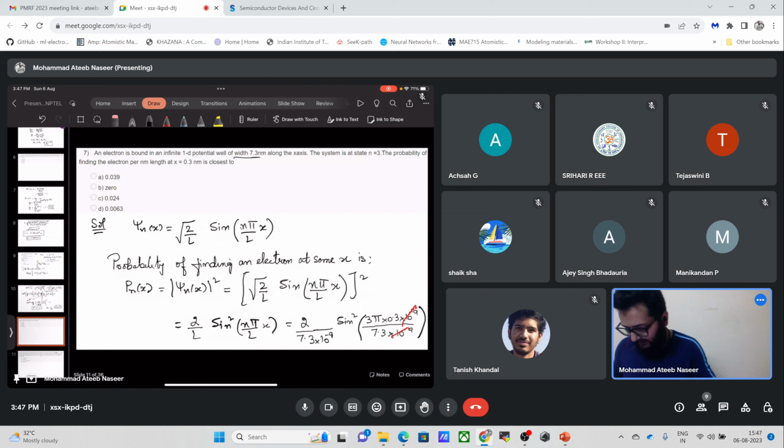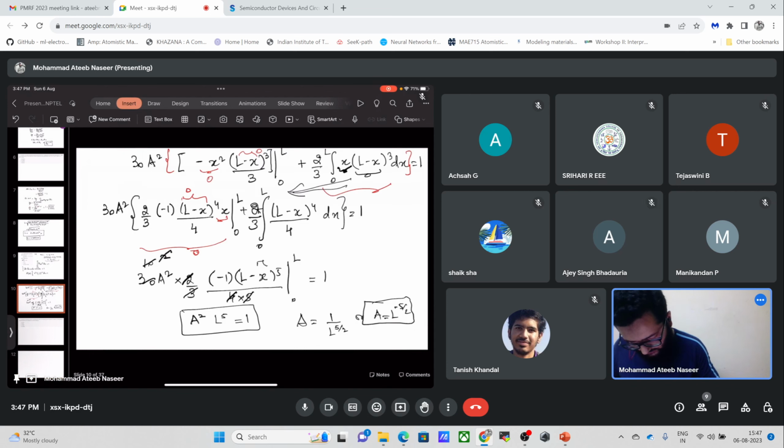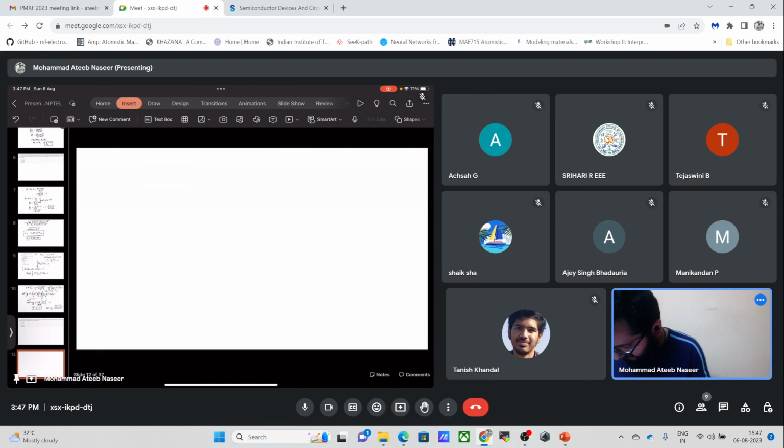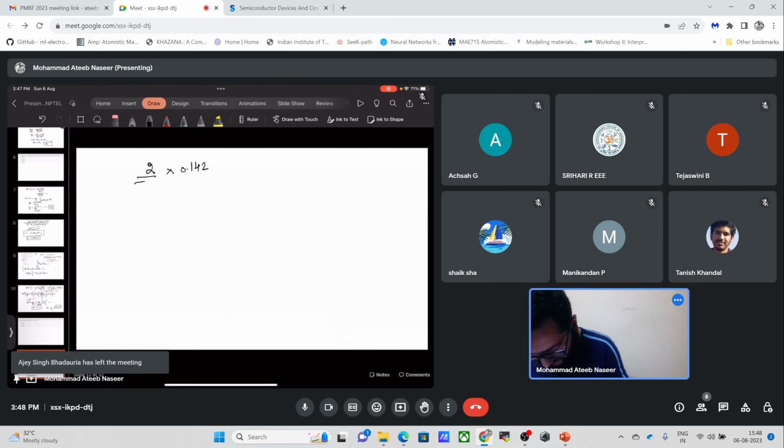It comes out in radians, so it comes out to be equal to 2 into this value 0.142, divided by 7.3 into 10 to the power of minus 9. So if I divide this, it would simply be 2 into 0.142 divided by 7.3.